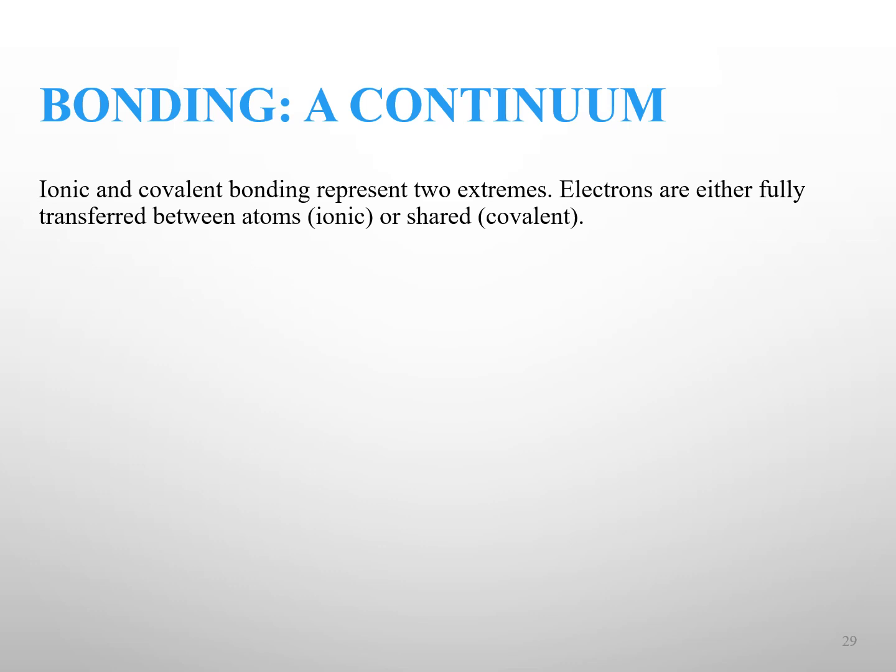So let's talk a little bit more about bonding. When we talk about bonding, we have 2 kinds of bonds: ionic and covalent.